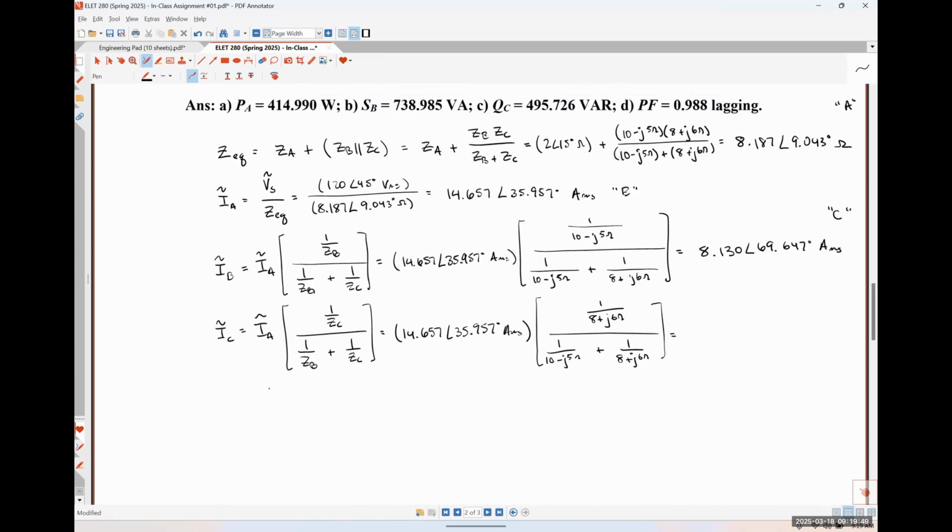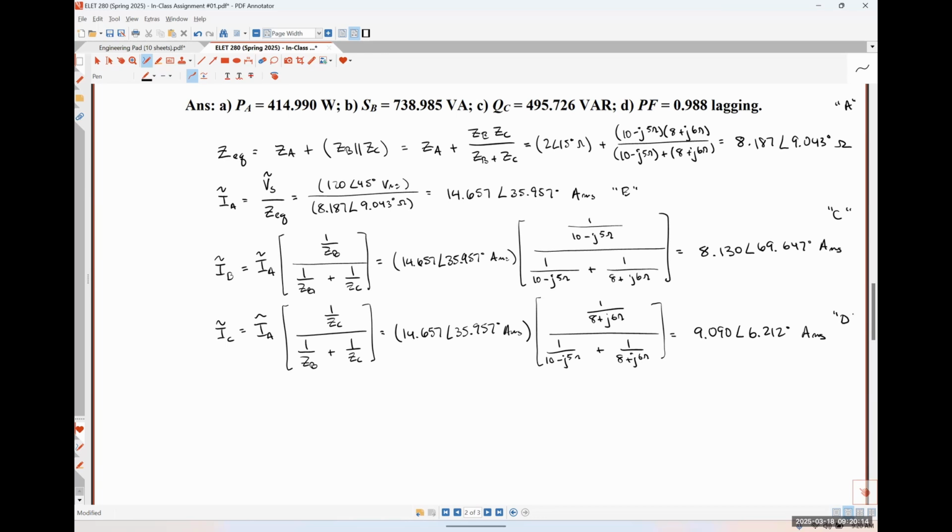So, A minus B. I got 9.0896. So let's call that 9.090 with an angle of 6.212 degrees amps RMS.